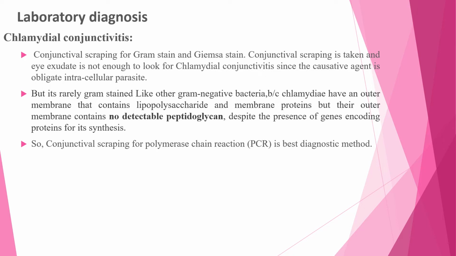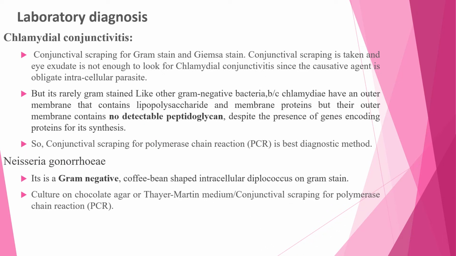It is rarely Gram-stained like other gram-negative bacteria, because chlamydia have an outer membrane that contains lipopolysaccharides and membrane proteins, but no detectable peptidoglycan despite the presence of genes encoding proteins for its synthesis. So we should do conjunctival scraping for PCR, which is the best diagnostic method for chlamydia.